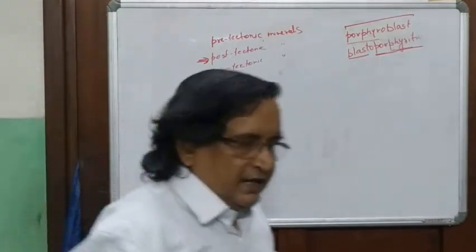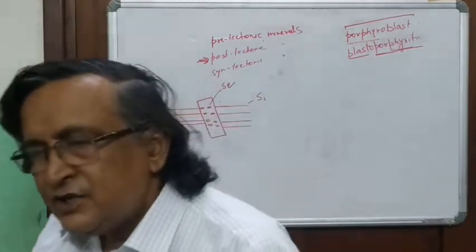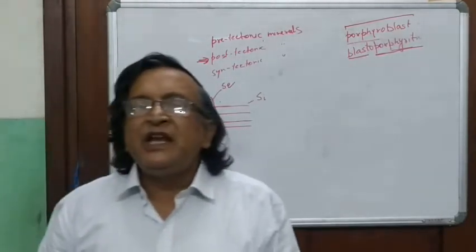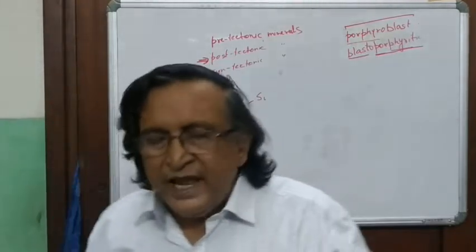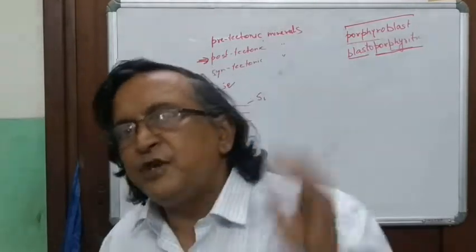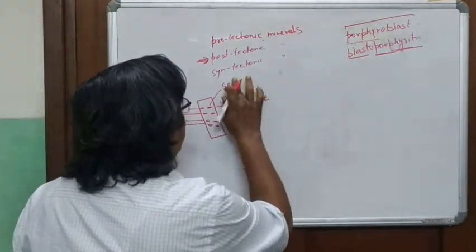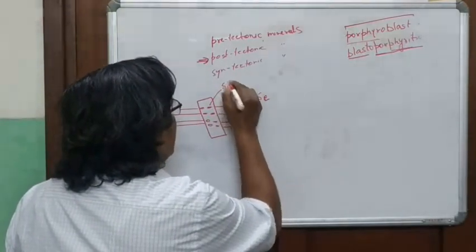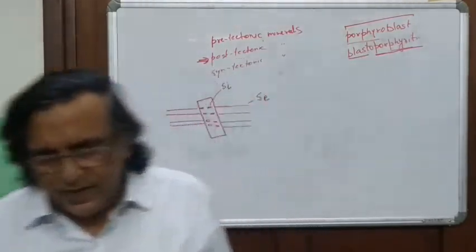S, the word S in metamorphism or in structural geology is related to a foliation plane. Have you understood? S represents a foliation plane. This should be SE and this should be SI. SE means external foliation.